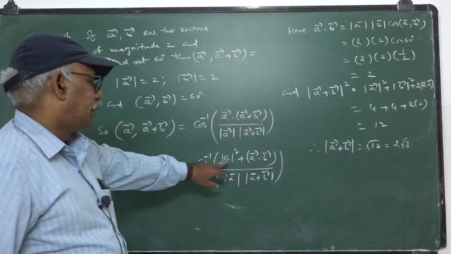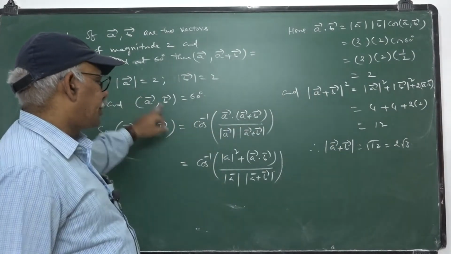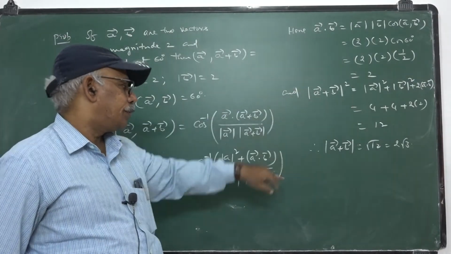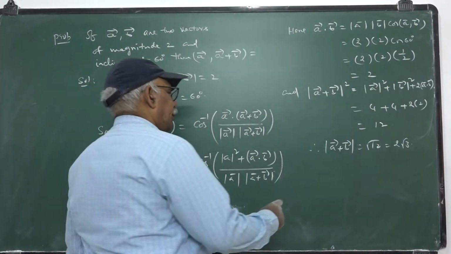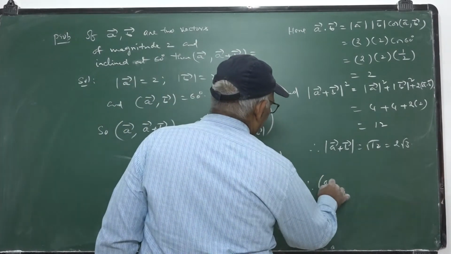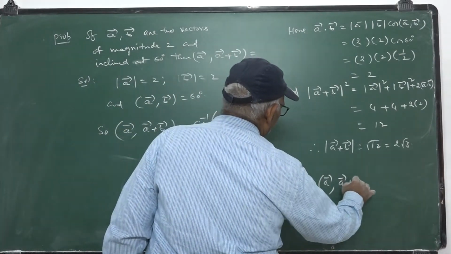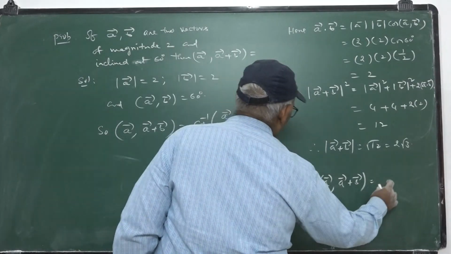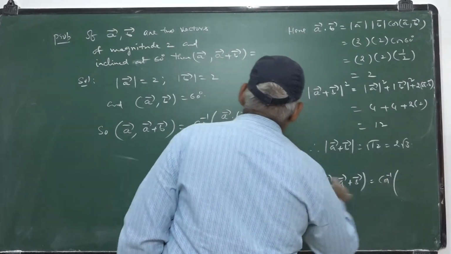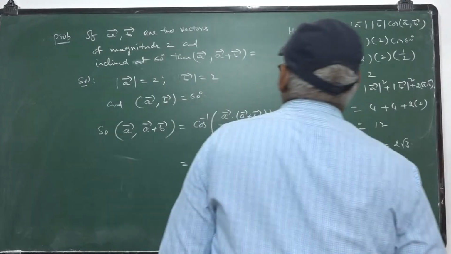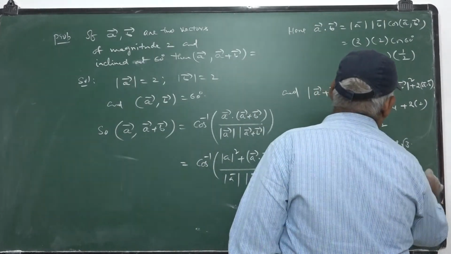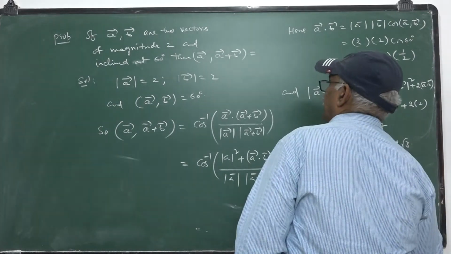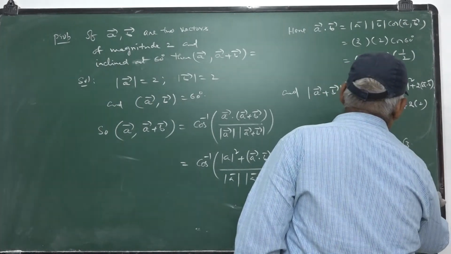Hence, mod A bar is known to us, A dot B is known to us, mod A bar plus B bar is known to us. Therefore, the required angle between A bar and A bar plus B bar is cos inverse of mod A bar square, that means 4, plus A dot B which is 2, divided by mod A bar into mod A bar plus B bar, which is 2 into 2 root 3.